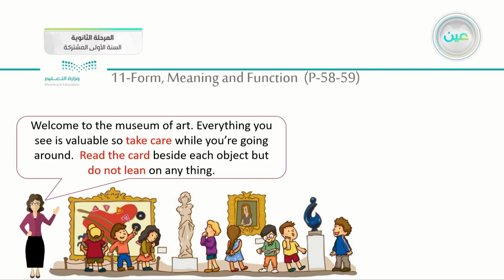She's trying here to give them what? To give them instructions. They are new at this place, so she needs to tell them what to do and what not to do. What did she say? She told them to take care. Read the card. Do not lean on anything. You notice the verb that she used?